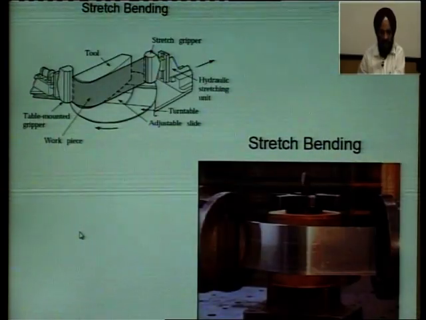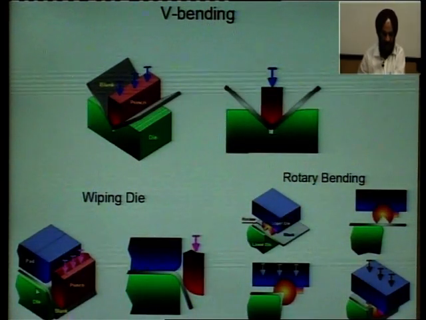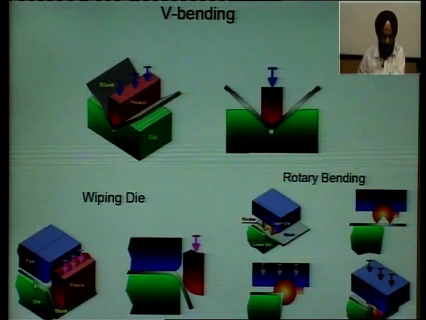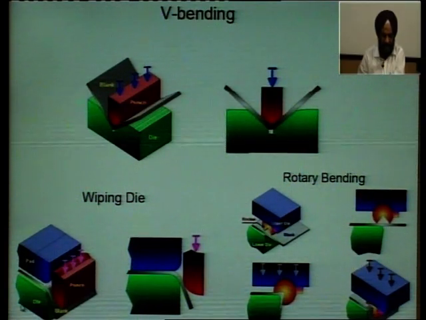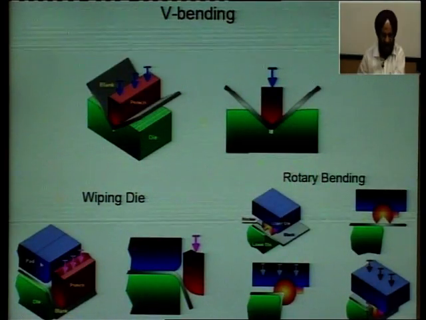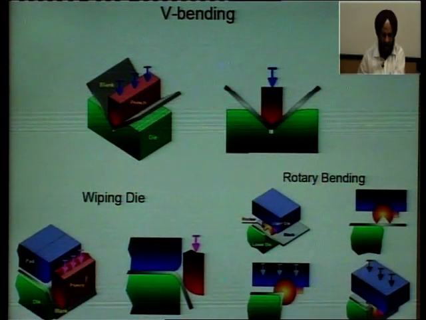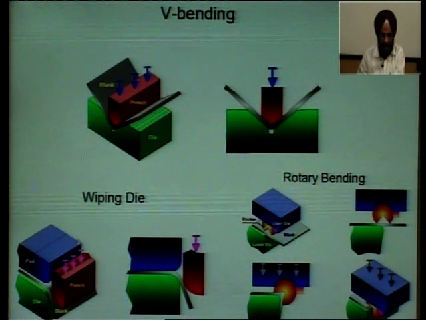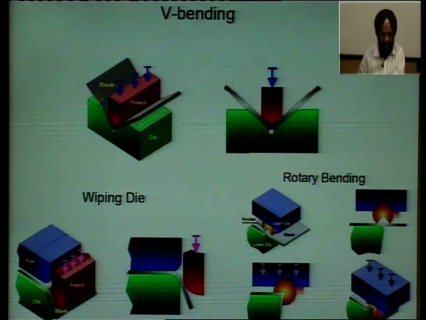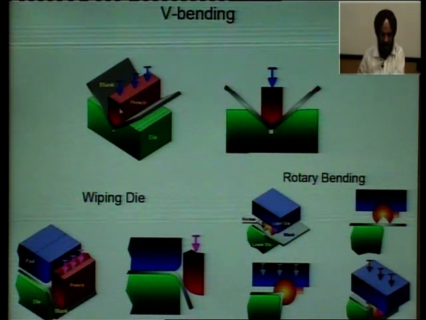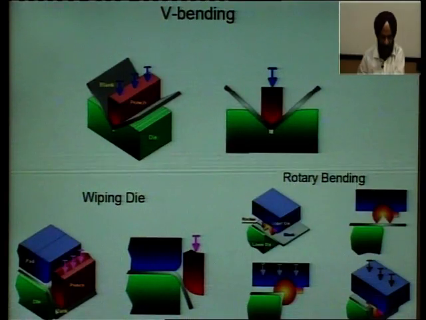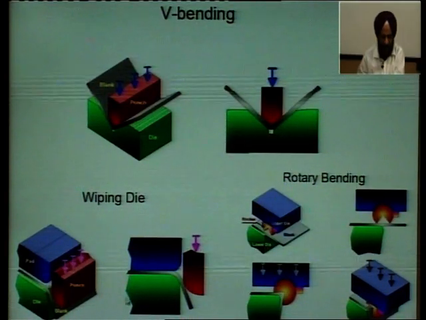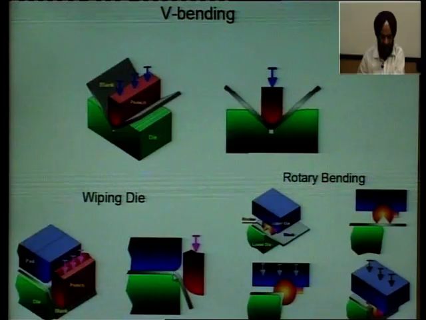Similarly, you can have a wiping die, where this white color is the raw material and this is the die, this is just holding, and you have this punch. The punch comes down and it bends the component, just see here, it bends the raw material.